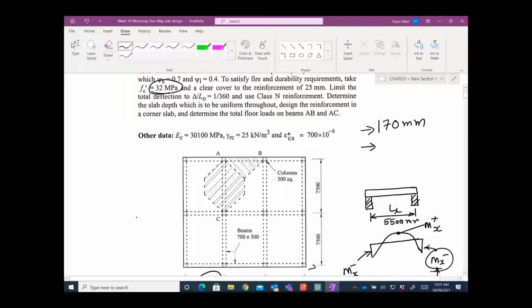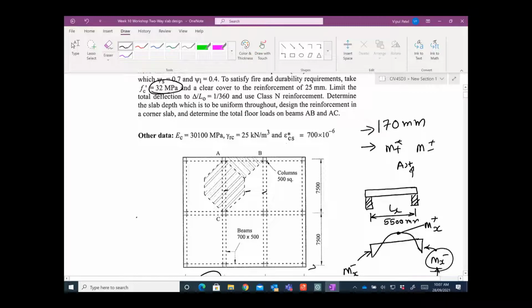From this trial depth, you can just do the deemed to comply, and once it's deemed to comply, you calculate the positive M star at mid span or continuous, discontinuous edge, M negative. From this negative, you can calculate AST. You can do the two minimum reinforcement checks for ductility, and you do the temperature and shrinkage check, and then one more check I forgot.